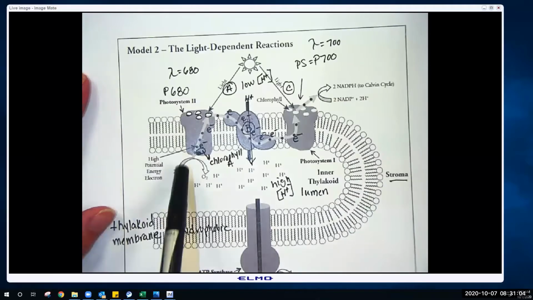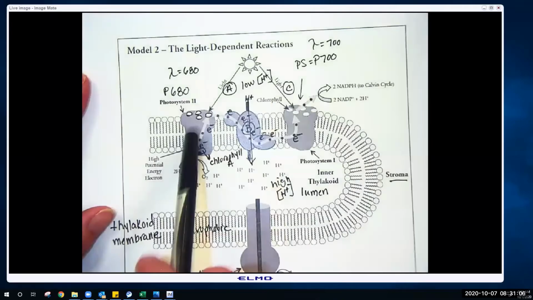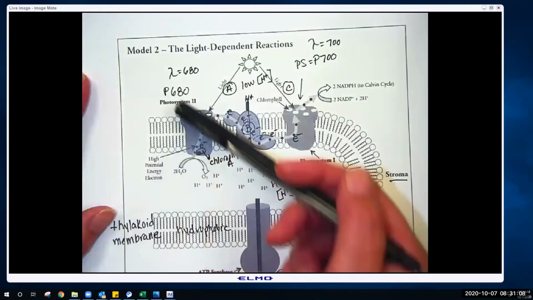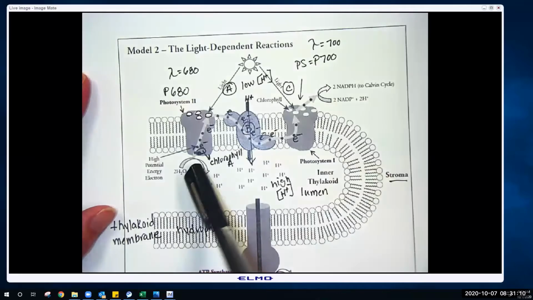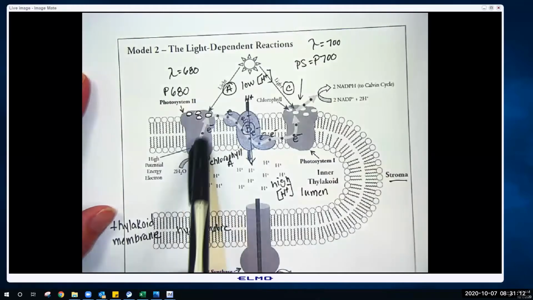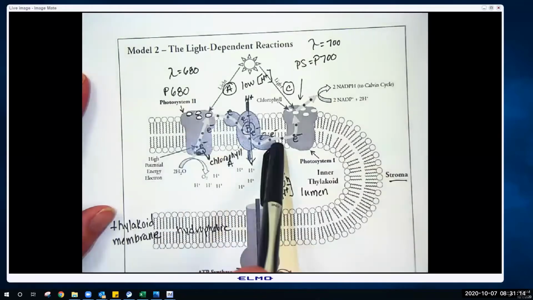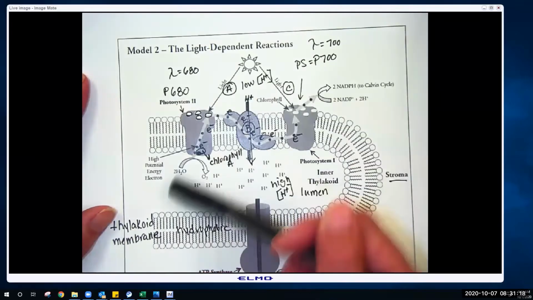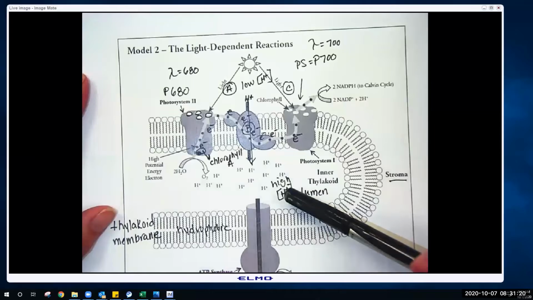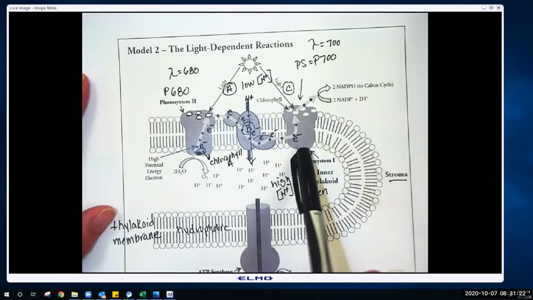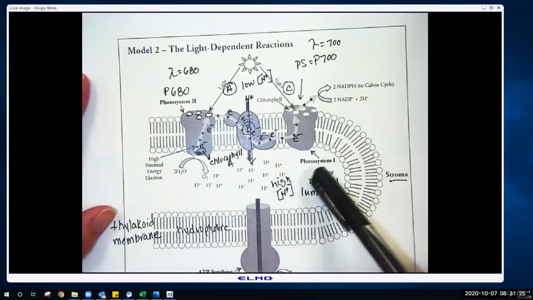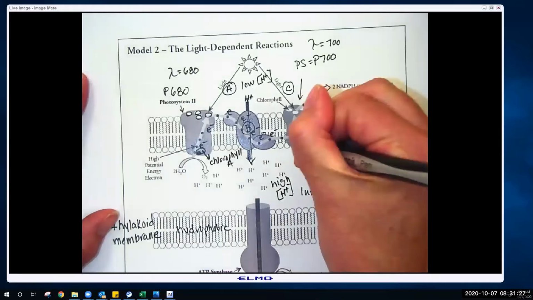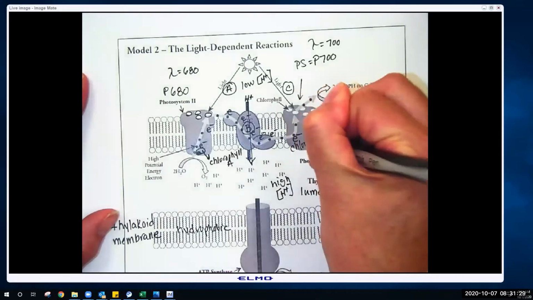So, step A, light hits photosystem 2, harnesses all its energy onto chlorophyll A, the electron gets excited, and it moves down the electron transport chain, which powers the proton pumps to fill up the lumen with a whole bunch of protons. Then the electron is now at the bottom of photosystem 1 in another chlorophyll A molecule.